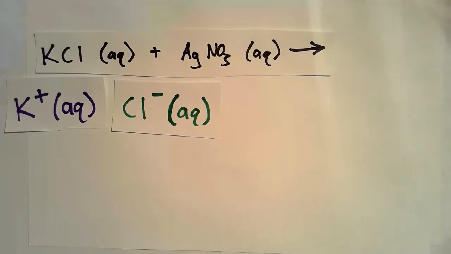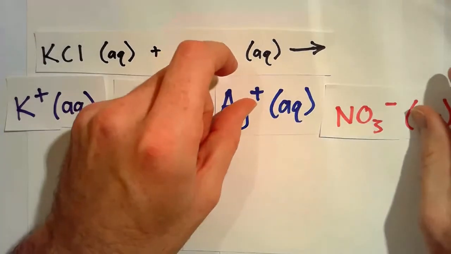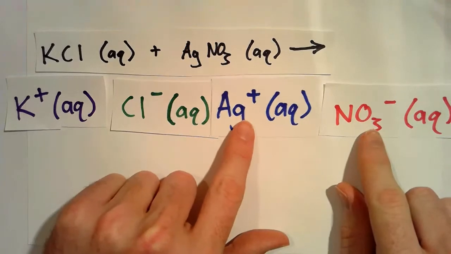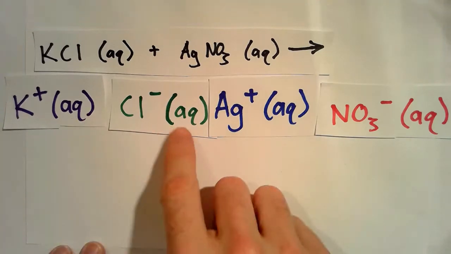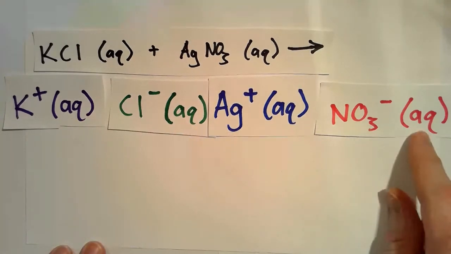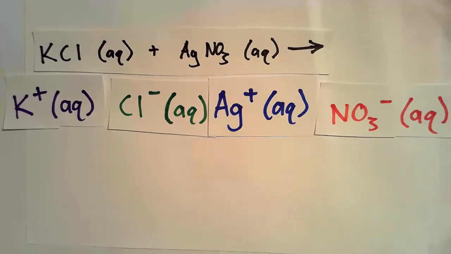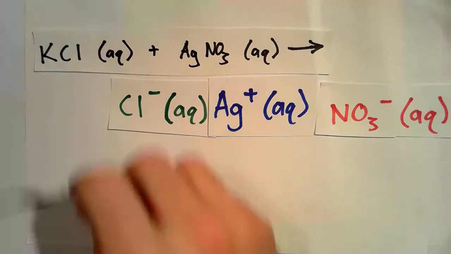And we would get these four terms that are now available in our ionic solution. With the aqueous terms all written here, it's a little cramped, so I'm going to go ahead and take off the aqueous terms.